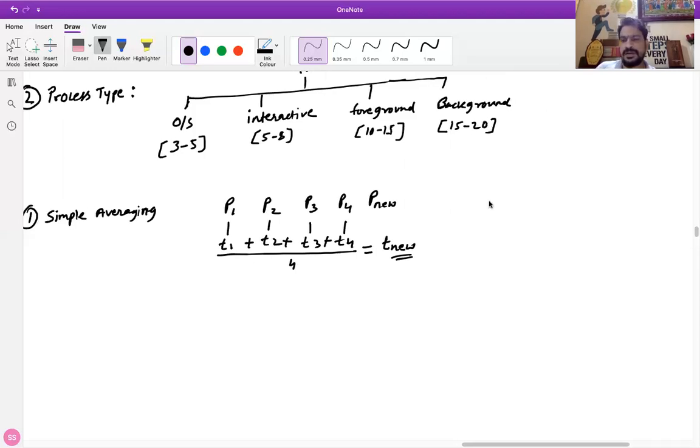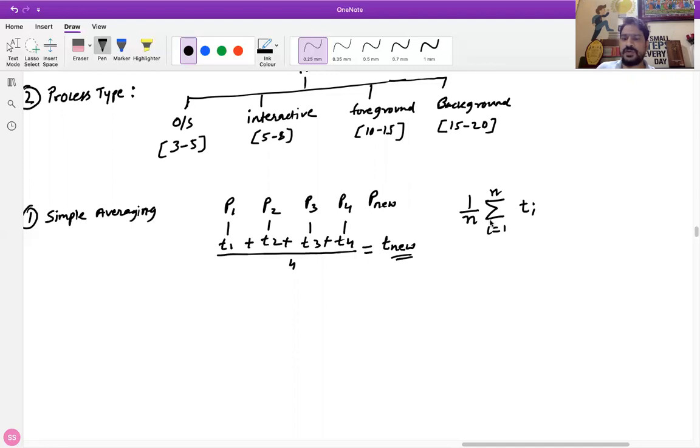So if we try to write it, it will go from 1 to n, meaning n number of processes which have already been executed. Let's say i is going from 1 to n, and we are making a summation of all the times Ti, right?